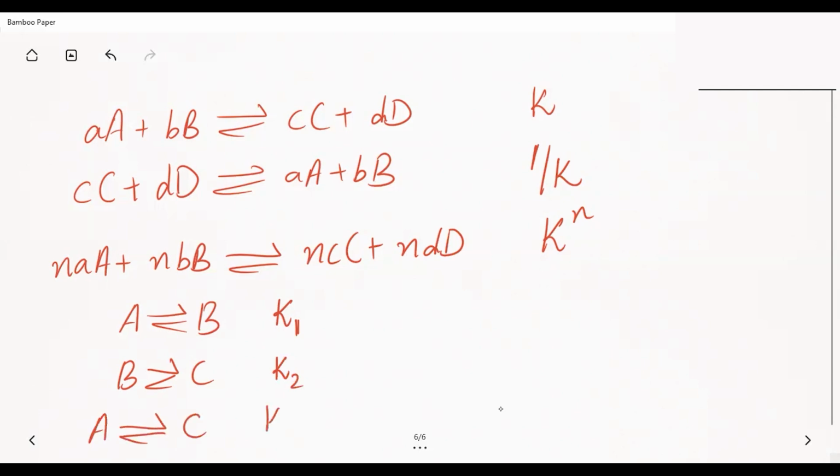It will be K1 times K2, just multiplication. This is another short trick. Hope you understand this trick. Now, equilibrium constant in gaseous systems.